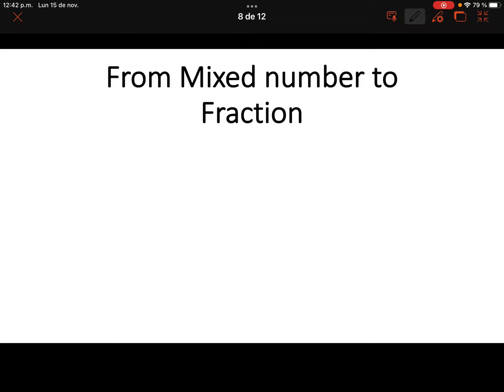Then let's use exactly the mixed number before, 4 and 3/4. By arithmetic way, we can also find a fraction. We have to multiply the whole number, in this case 4, by the number at the bottom in the fraction part. 4 times 4 is 16.